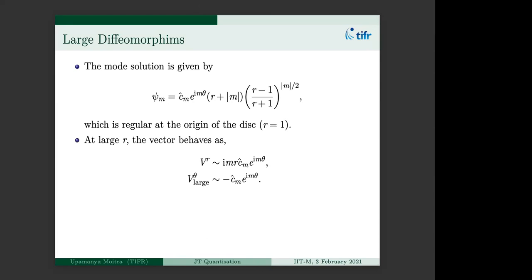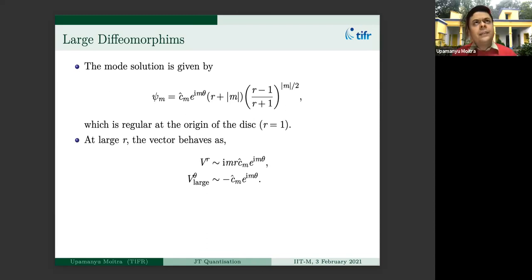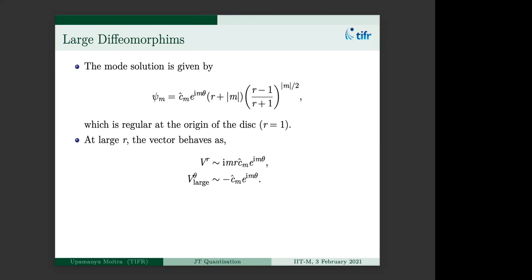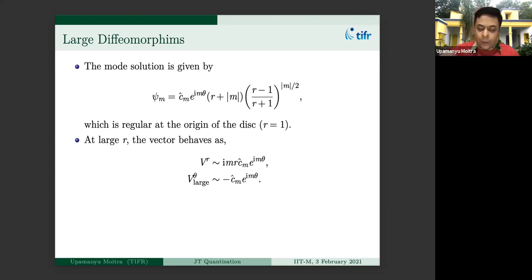Upamanyu, can I add something here? This mode should also be obtained independently by fluctuating the Schwarzian, right? What do you mean by independently fluctuating the Schwarzian? Because the on-shell action is just the Schwarzian. But here we are talking about the full bulk.